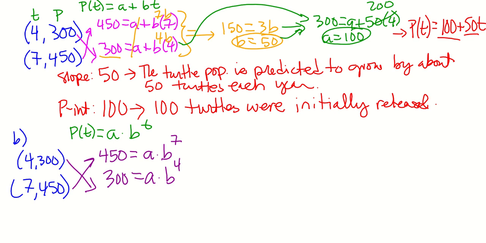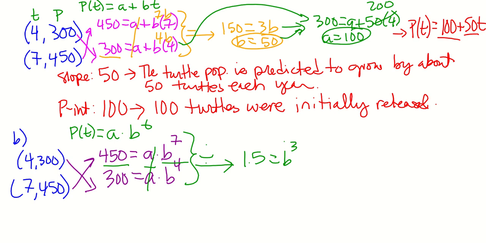Okay, I'm going to take those two equations now, and I'm going to divide them. So when I divide them, 450 divided by 300 is 1.5. My A's will divide out, and B to the 7th divided by B to the 4th will give me B to the 3rd.